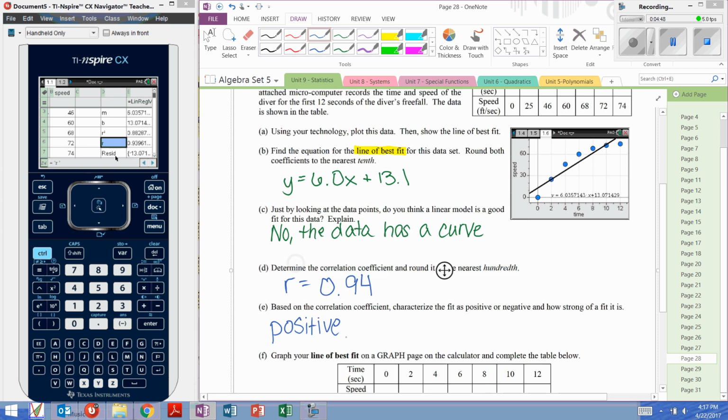And positive, and let's even call it strong. We know this because it's really close to 1. So maybe we were wrong. Maybe a linear model is best because it has a positive strong correlation.